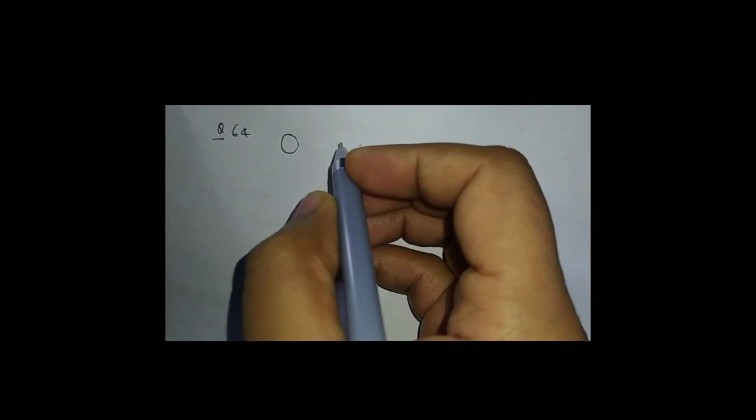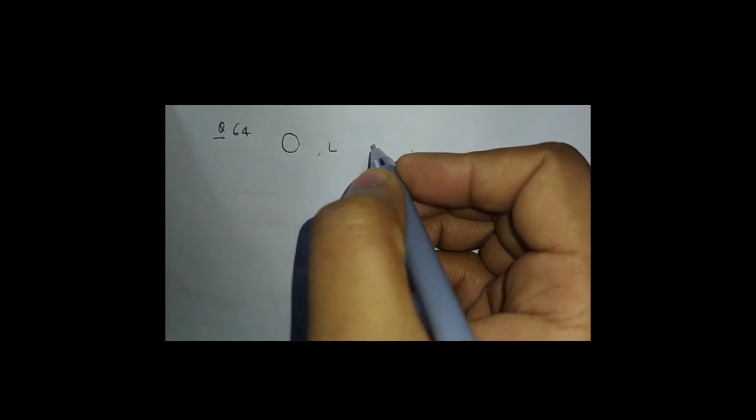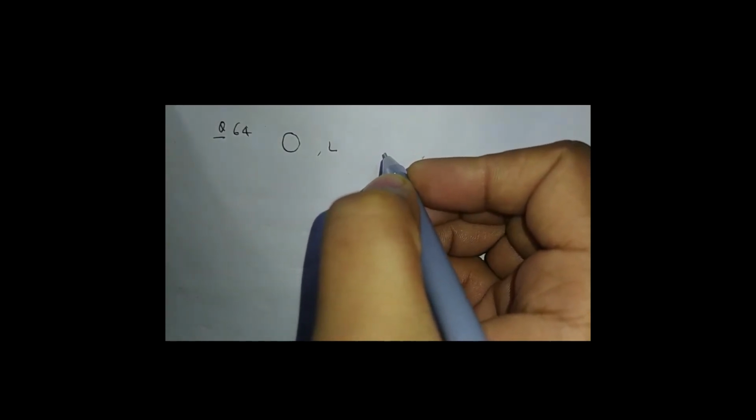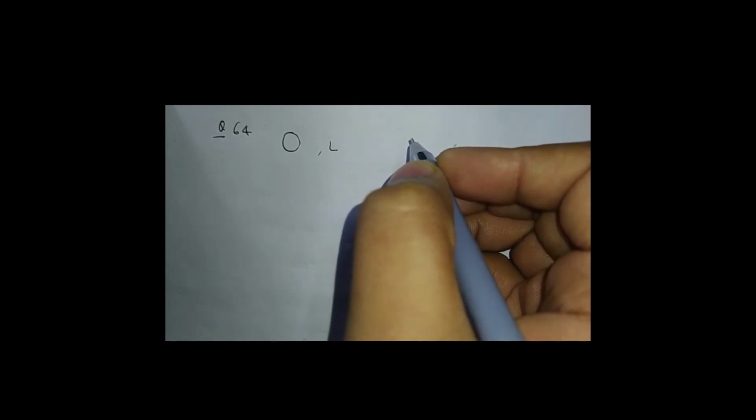Question number 64. A column of solid circular cross section and L is the length with various end conditions. We have to choose which one is right with the corresponding effective length for buckling.